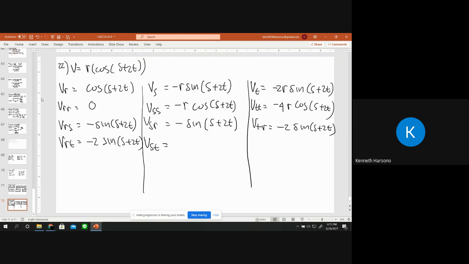And V_st is minus 2r cos(s plus 2t). This one with respect to t, so you get the chain rule again, 2 here, and the same with V_ts, minus 2r cos(s plus 2t).